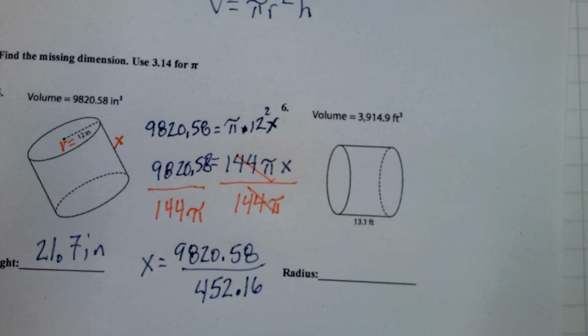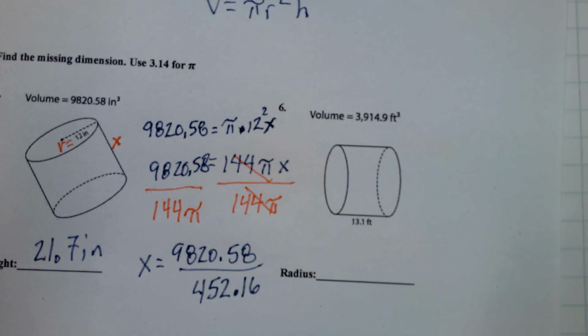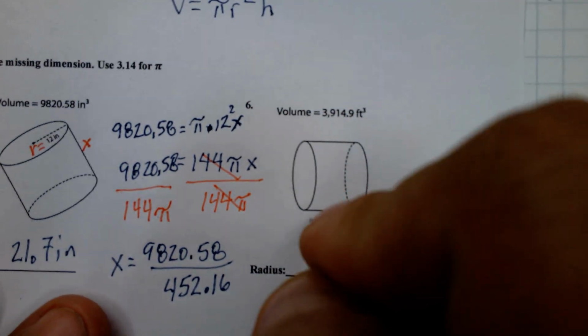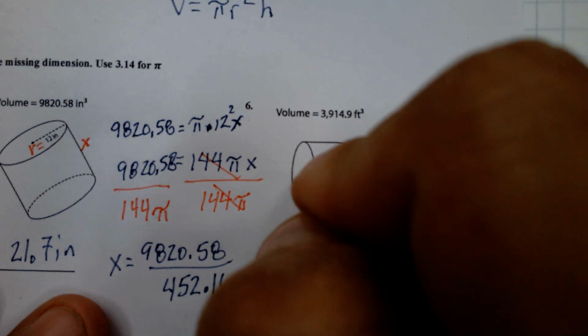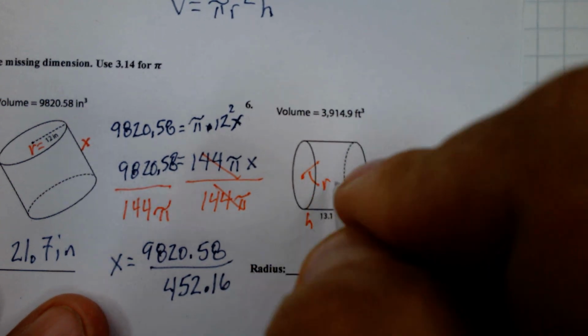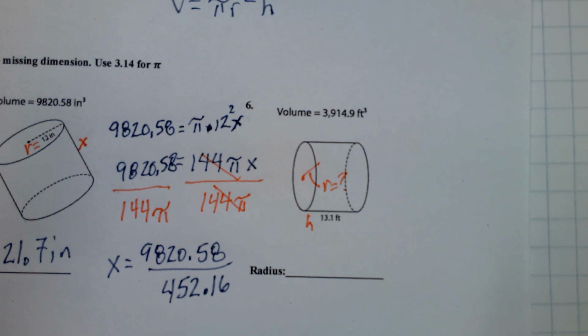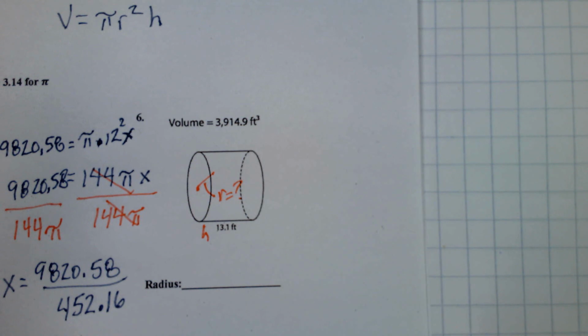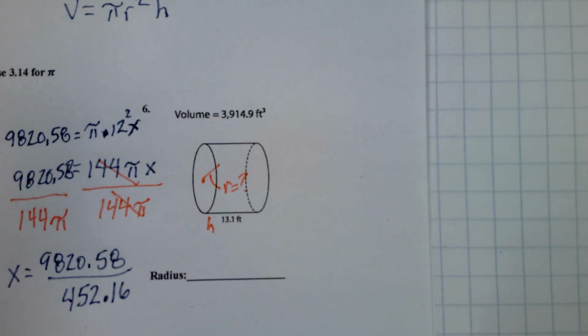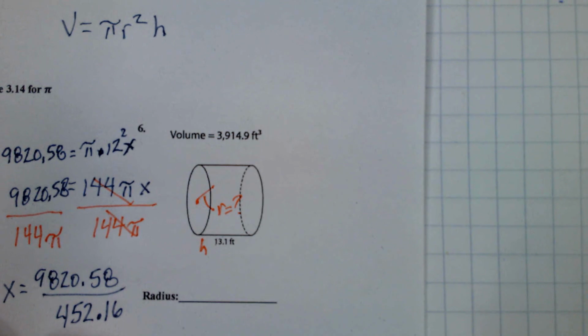All right. So this will be the last one. What do we need to find on the last one? Yeah. And since it's squared, that means we're going to square root. Okay. So let's plug in what we know.